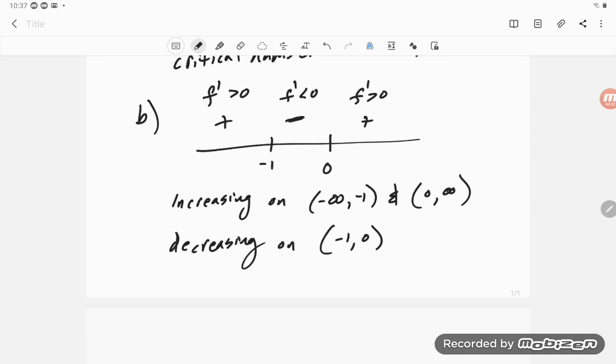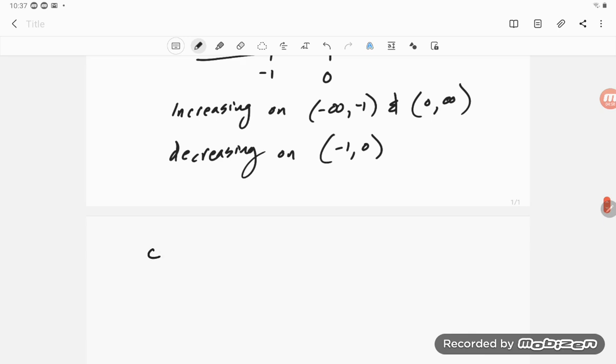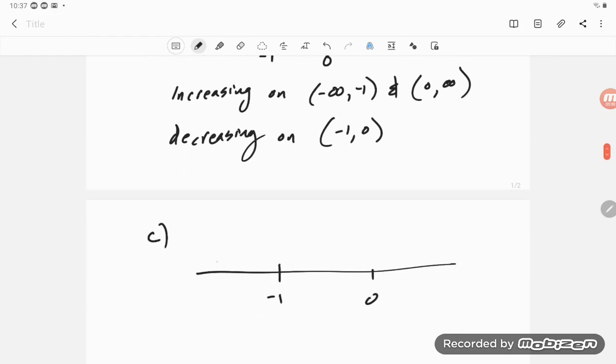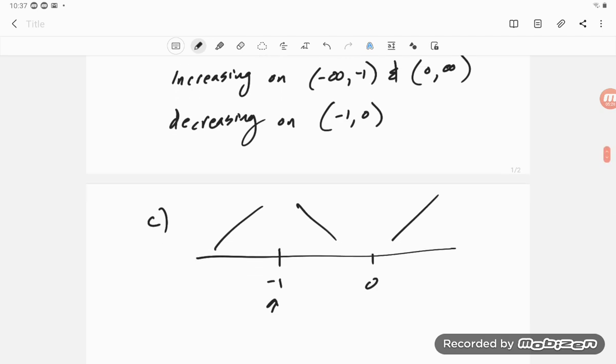So we know where it's increasing and decreasing, and so for part C, I want to decide maxes and mins, so at negative 1 and 0. It went positive, so it was going up, then going down, and then going up again. Even though the critical number at negative 1 came from the derivative being undefined, the function is defined there.